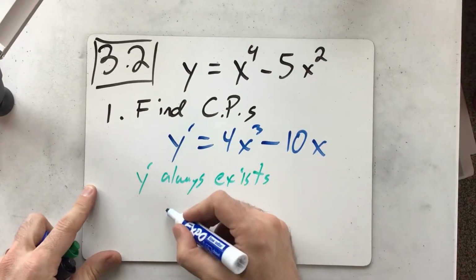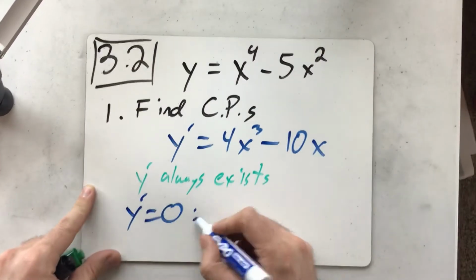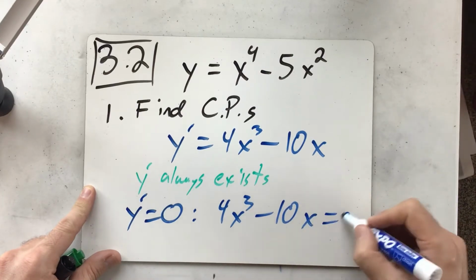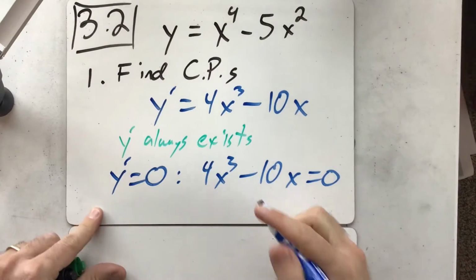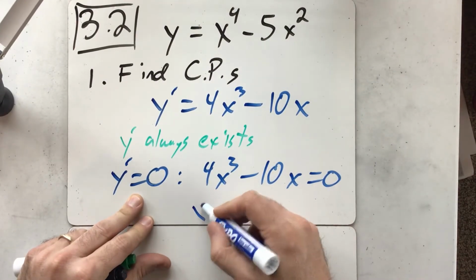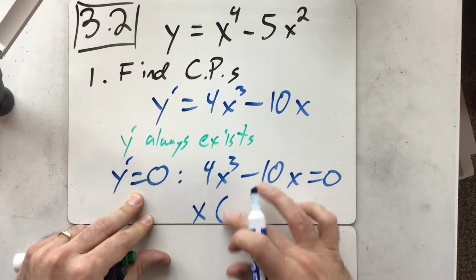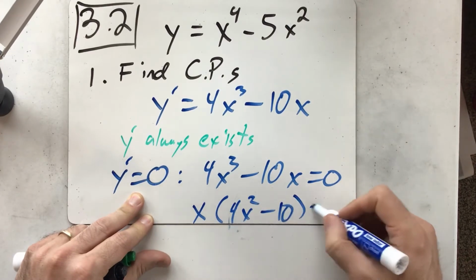So what that means is I'm just going to take my derivative and figure out where it's 0. So I'm going to take my 4x cubed minus 10x and set it equal to 0, and then start solving it. What I'm going to do is factor out an x. Now I'll have x times 4x squared minus 10 equals 0.